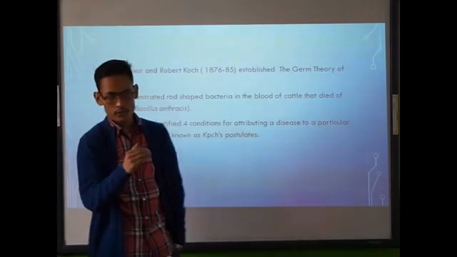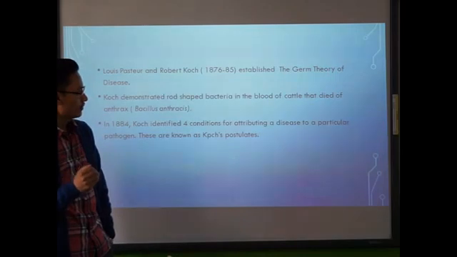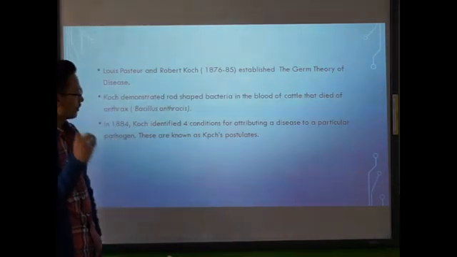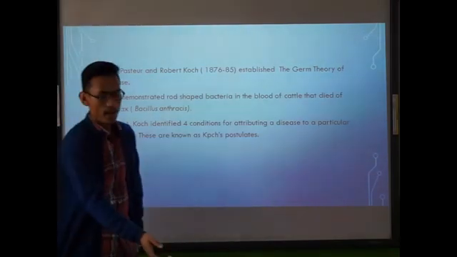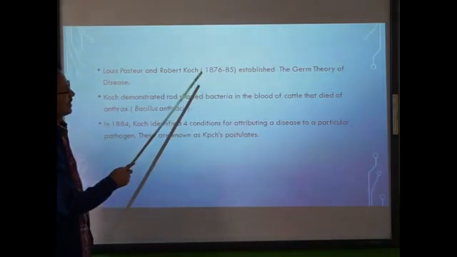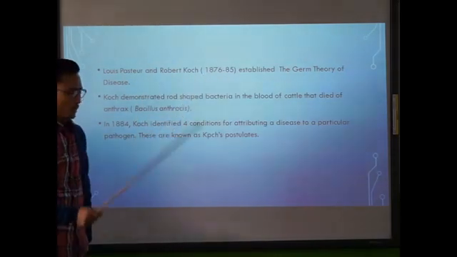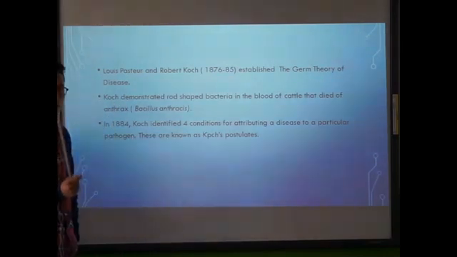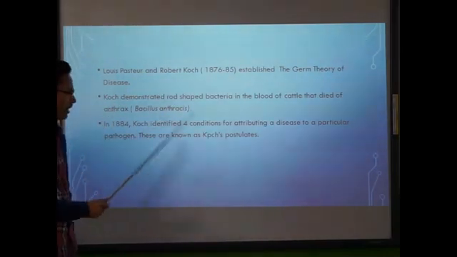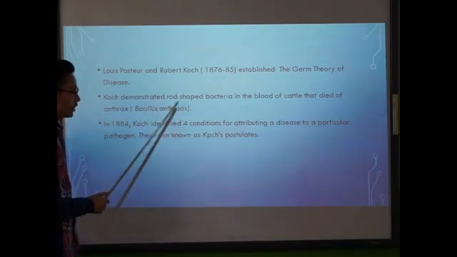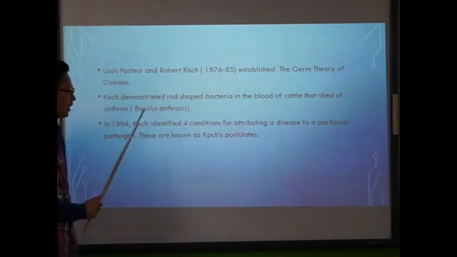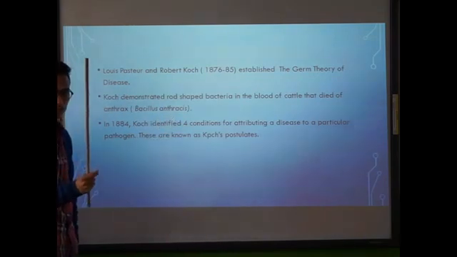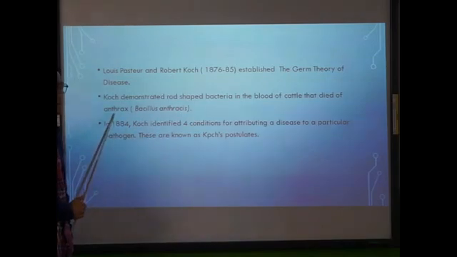First of all, remember the germ theory of disease, which was mainly postulated by Louis Pasteur and Robert Koch between 1866 and 1885. The most important thing here is that Robert Koch demonstrated the presence of rod-shaped bacteria called Bacillus anthracis in the blood of cattle suffering from a disease called anthrax.